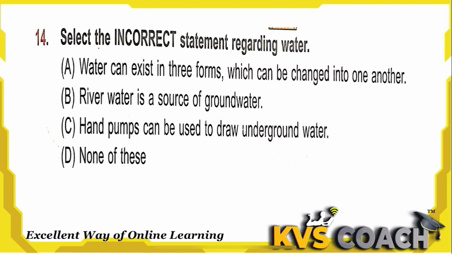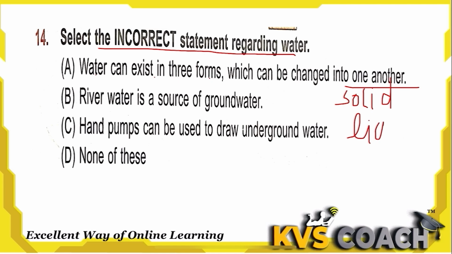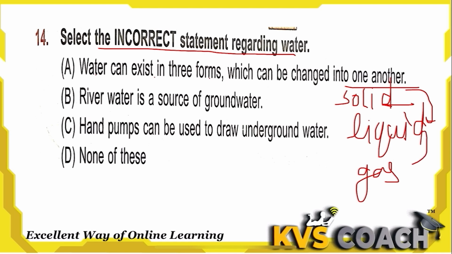Next question is, select the incorrect statement regarding water. Option A, water can exist in three forms which can be changed into one another. Yes, the three forms are solid, liquid and gas. Solid is ice. Ice changes into liquid water. When we heat water, it changes into the gaseous state, steam or water vapor.